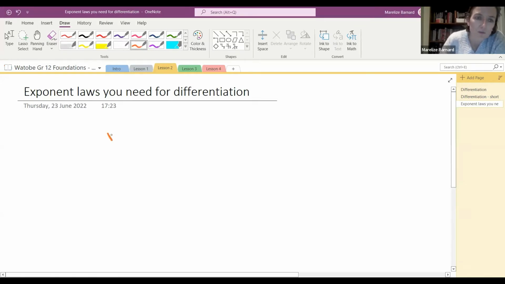The first thing we have to remind ourselves about is this exponent law that says if you have a variable in the denominator, like say you have x squared, to make that positive, we have to put it above the line, this line here that divides the numerator and the denominator. So to do that, we make the exponent negative, or we change the sign of the exponent.